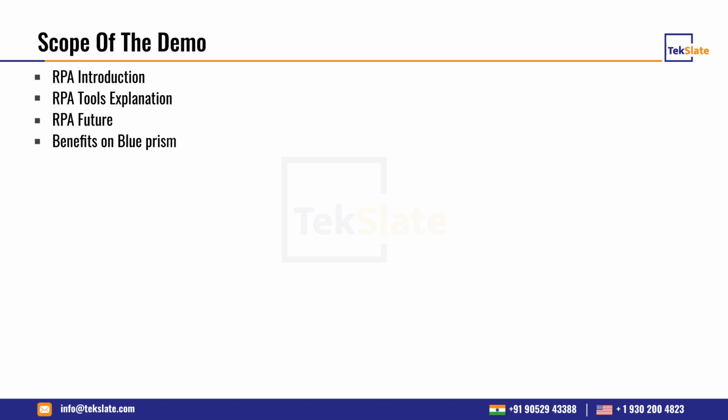When it comes to UiPath and other tools, that will be a separate cloud platform, as I said earlier, which helps us do the scheduling and monitoring and everything. Okay, these are the major differences between Blue Prism and other tools.